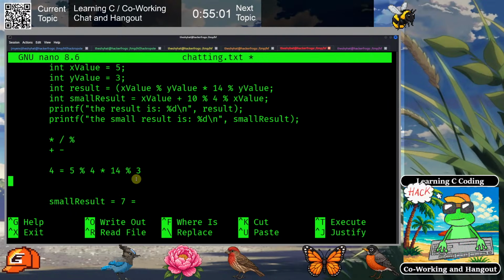So 3 times 4 is 12, leaving 2. So something times 2. If it's like 2 times 2, then it's fine. But I don't think this is 1. So 5 modulo 4. 5 modulo 4 is 1. So 1 times 2 is not 4.